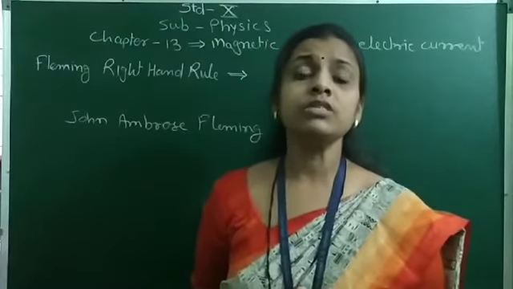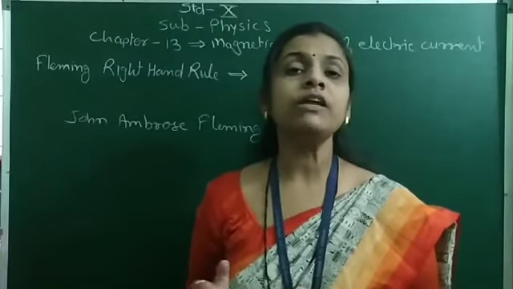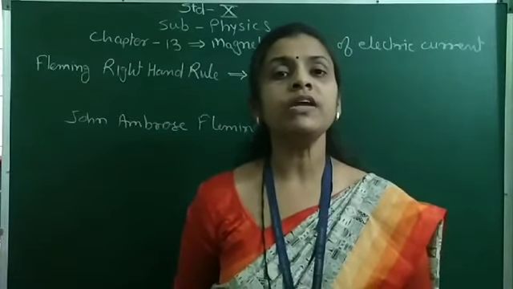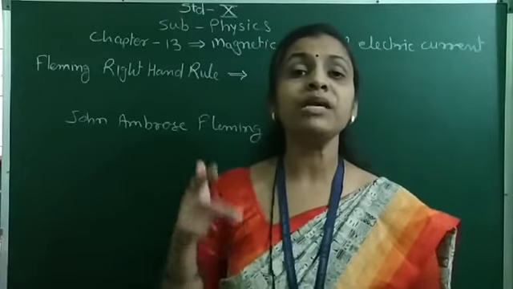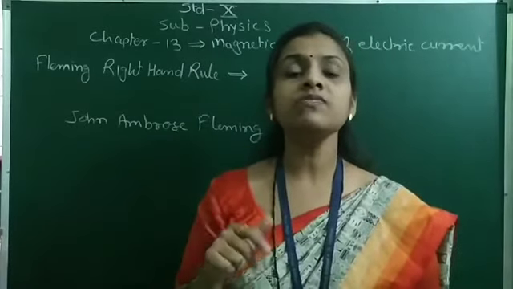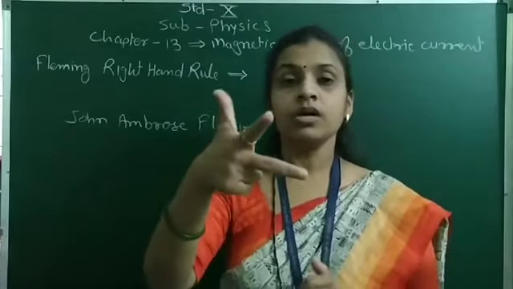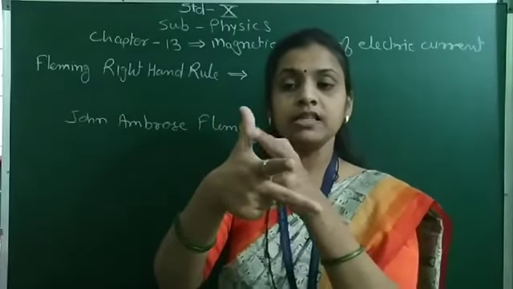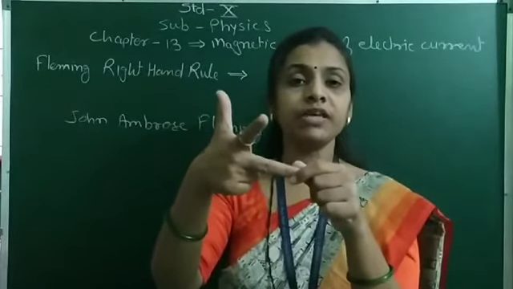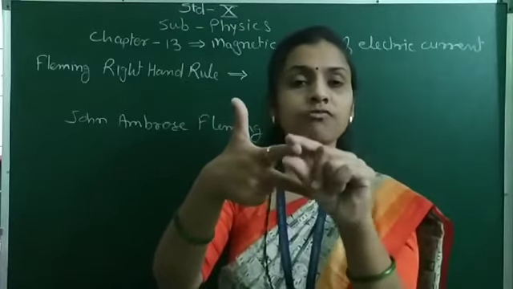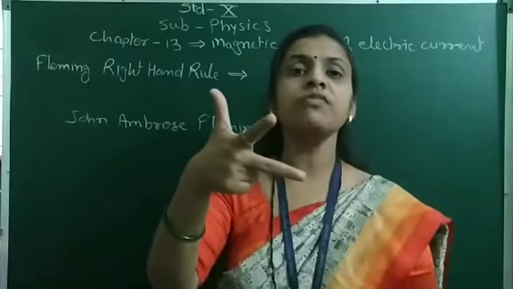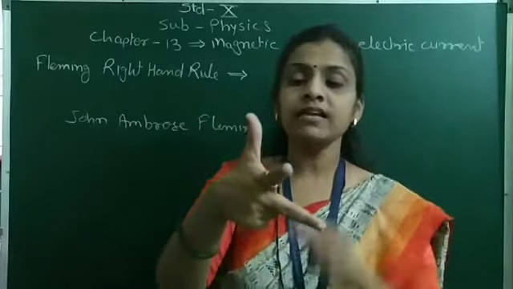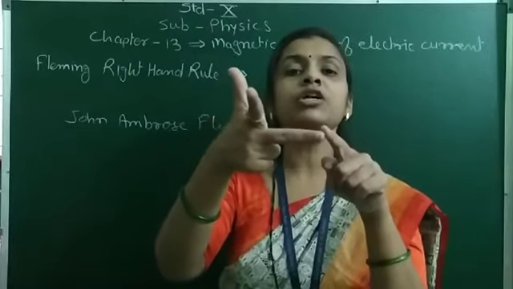Now we have to see what the direction of induced current is. The direction of induced current was given by the Fleming right hand rule. Now what is the Fleming right hand rule? Again similarly, thumb, forefinger and middle finger. Stretch your thumb, forefinger and middle finger of the right hand in such a way that they are mutually perpendicular to each other.